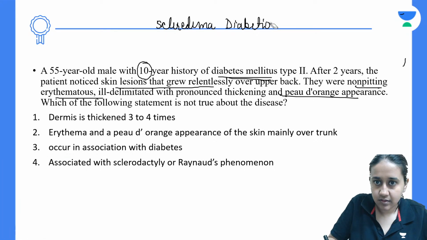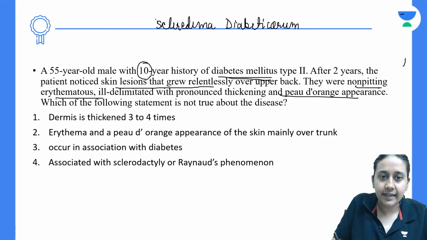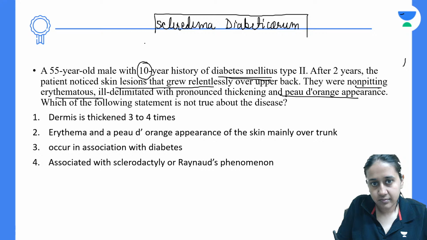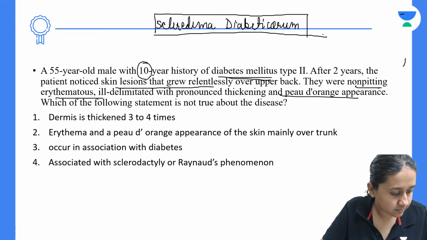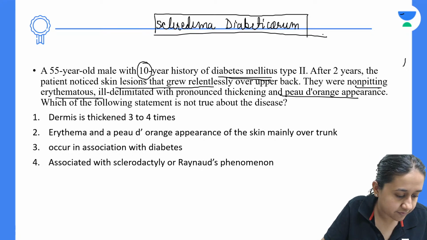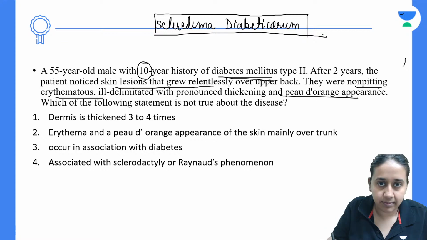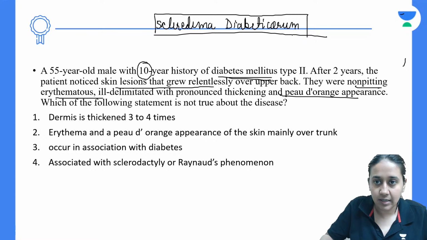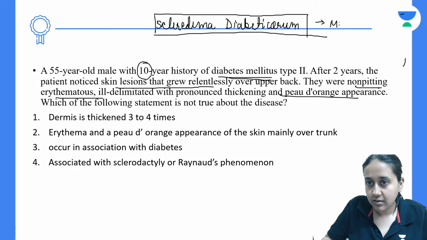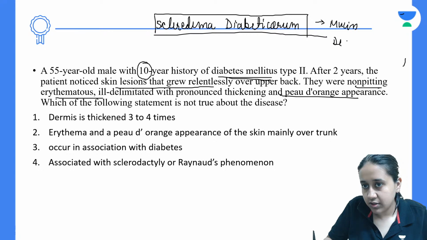Scleroderma diabeticorum. I hope my audio video is fine to all of you. Scleroderma diabeticorum mainly starts on the upper back because of mucin deposition.